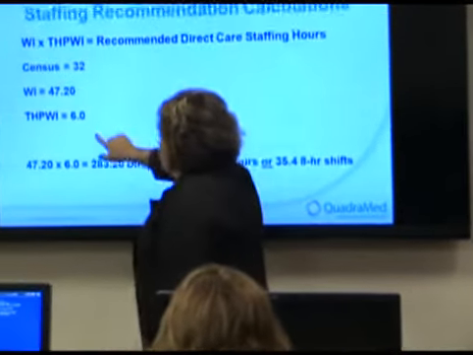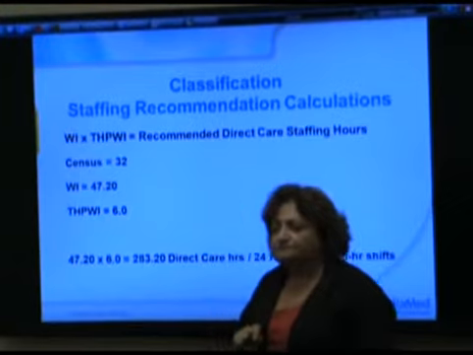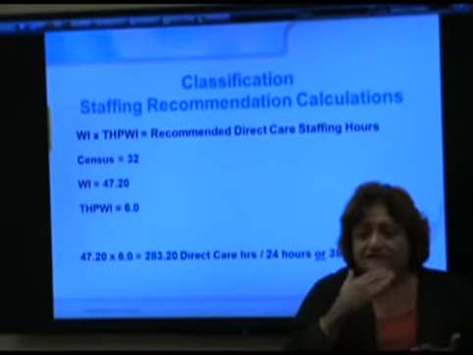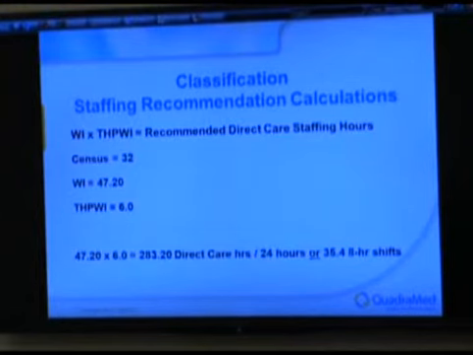That's what a productivity goal means. So every day, no matter what the workload is, if it's higher than this or lower than this, we're going to multiply this workload times this target. Because based on how we deliver care, we feel that we need to deliver 6 hours of care for every unit of workload. And that's what we're doing.